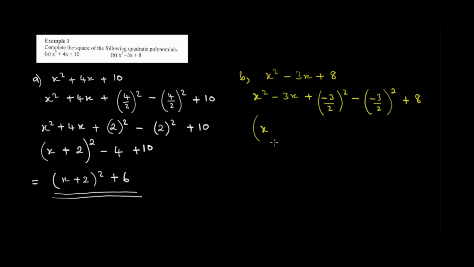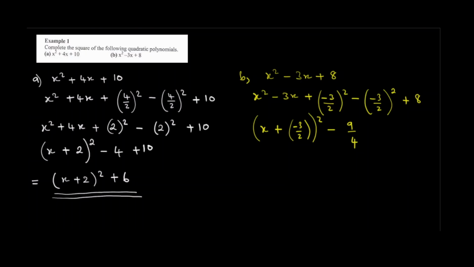So the first 3 terms are summarized as x, and then let us try to simplify this. Inside the bracket we have minus 3 over 2, squared, then minus 3 over 2 squared. Minus 3 squared is 9, so it's minus 9 over 2 squared, which is 4.